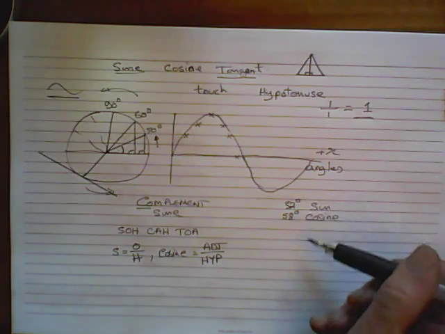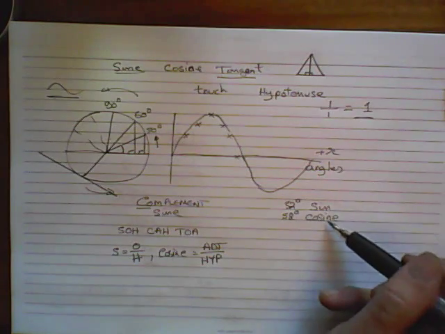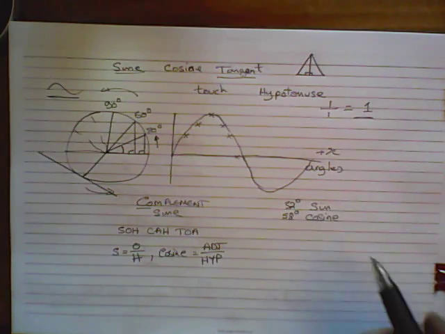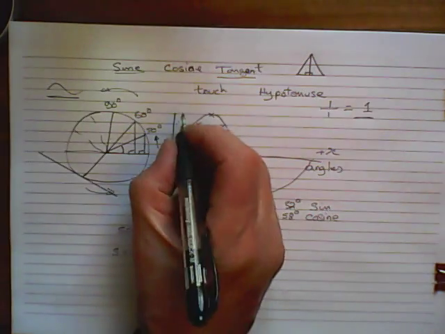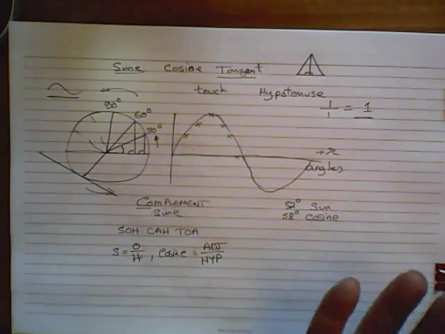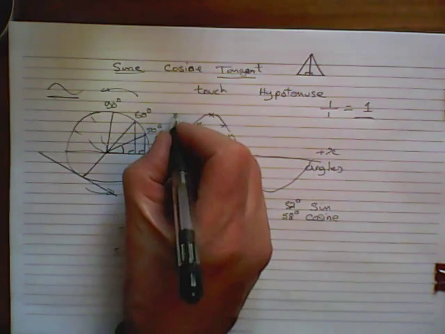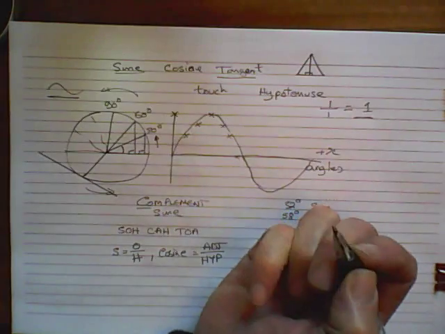Therefore, whatever number needs to be added to the sine to make it 90 becomes the cosine. You can check it yourself, as I've said earlier. Now what do you add to 90 to make 90? Well, nothing.